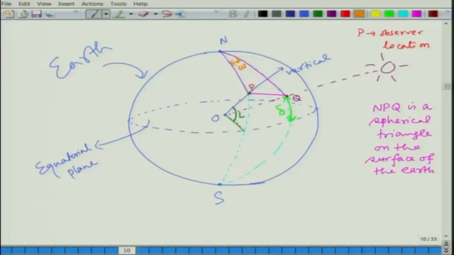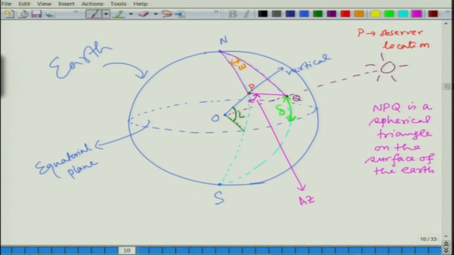Okay. Now, one thing we will determine here is a little tricky, so please pay attention. Yeah. So, this particular angle, what is this? Let me first write it. This angle is our solar azimuth angle.